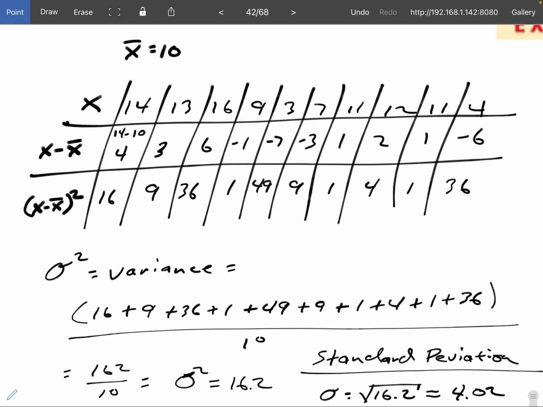So that means about 95% of your scores would fall between 2 and 18. So that's what the standard deviation is. It's a measure of the spread of the data. If the standard deviation is small, the data is packed very closely around the mean. But if the standard deviation is large, then the data is more spread out from the average.